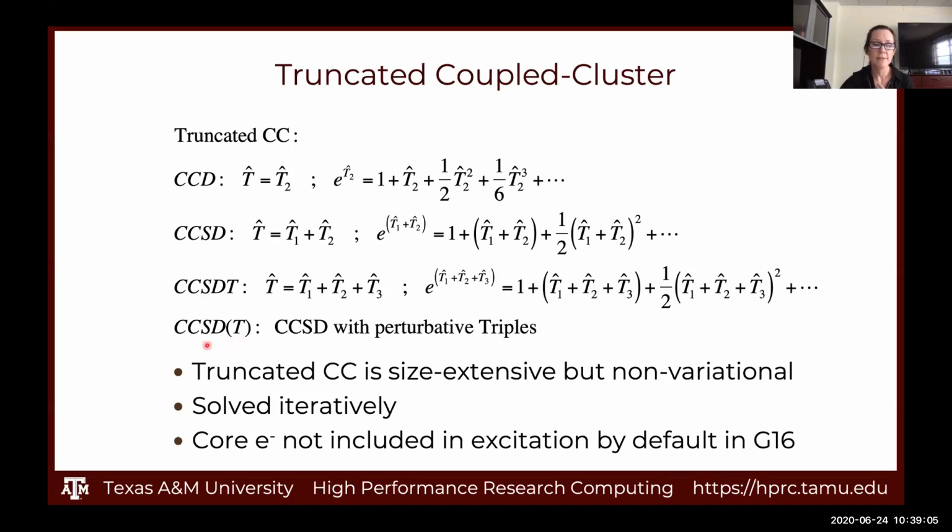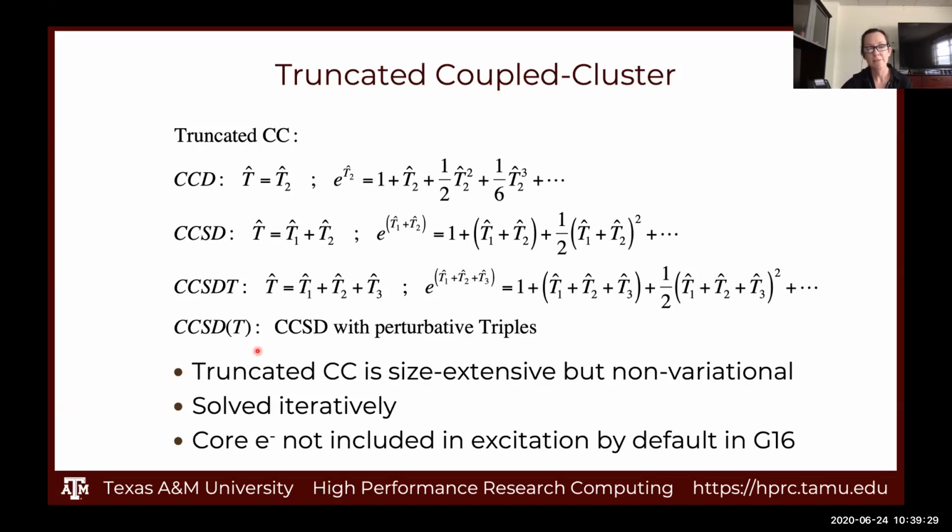If you're going to do CCSD(T), you should look at the CCSD number, and you should also look at the CCSD(T) values for your relative energies of whatever property you're looking at. If they are very close to each other, you're in a very good place. That is a strong indication that you've included enough electron correlation to get good results.